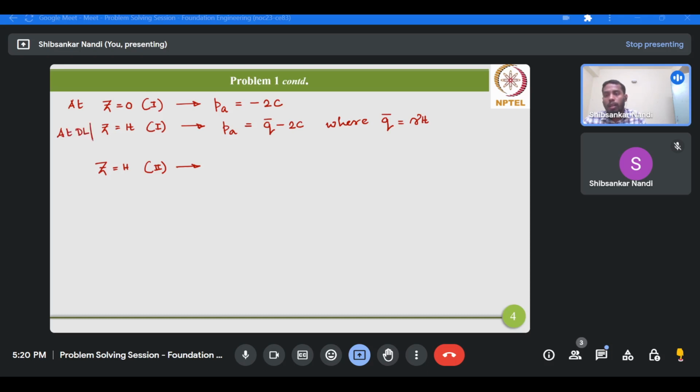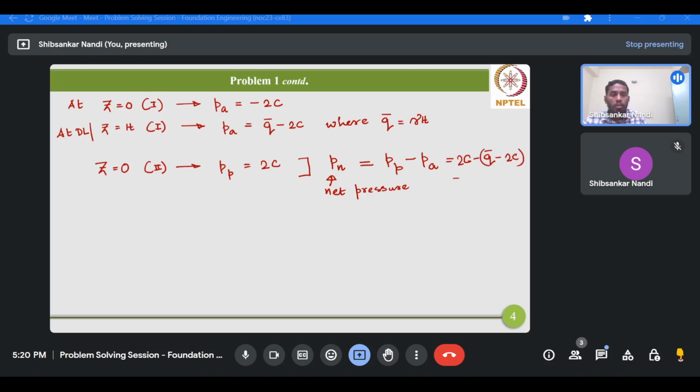At DL your Z equals H for region 1, however Z equals 0 for region 2, therefore your PP will be simply 2C. So your net pressure, if I indicate it in this fashion as PN, will be PP minus PA at the same dredge level, so it will be 2C minus (q bar minus 2C).